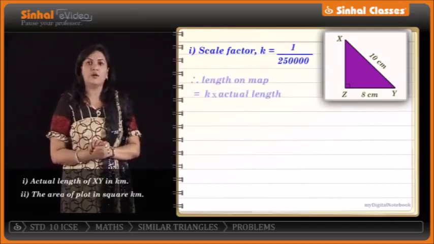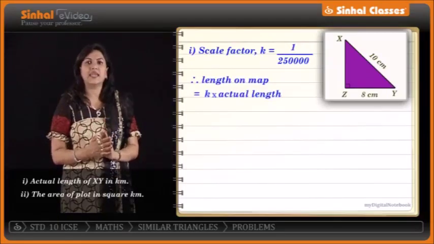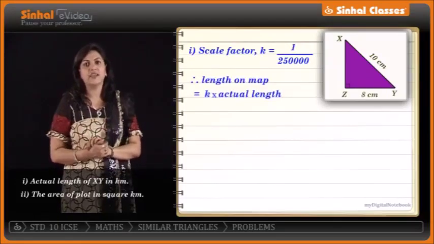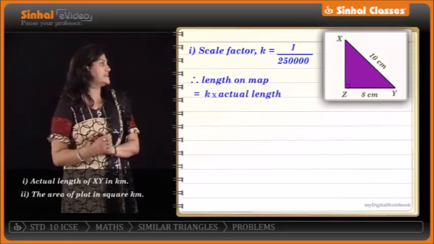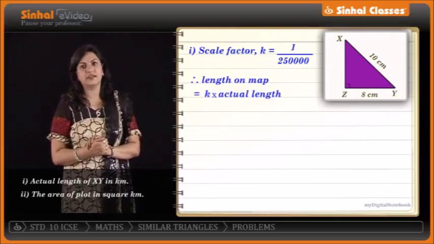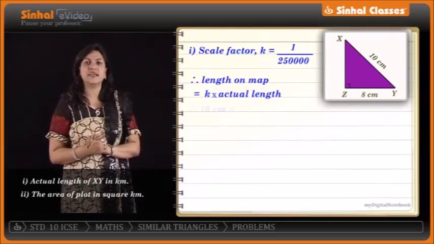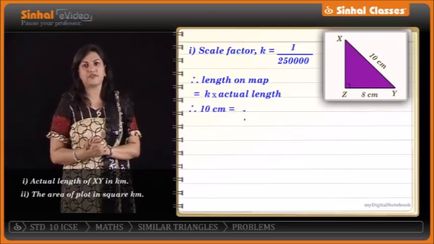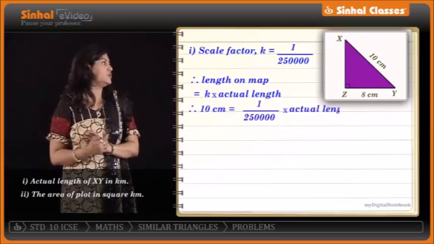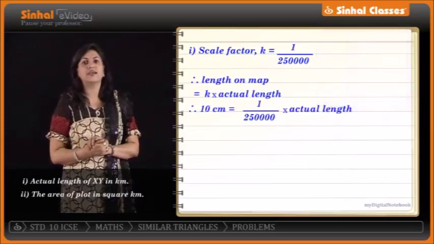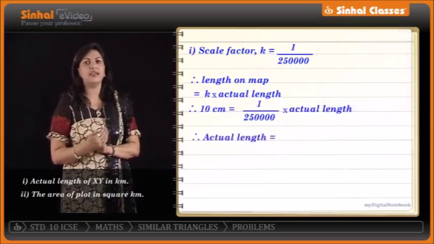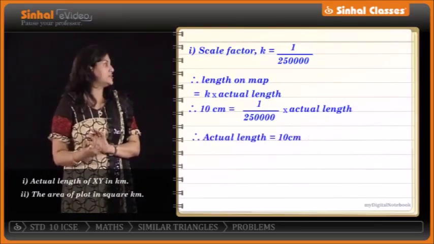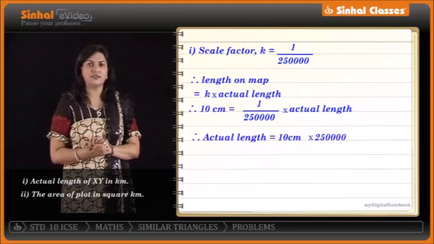Now the length on the map will be K times the actual length. Now the length on the map is given as 10 cm. So we have 10 cm is equal to 1 upon 2,50,000 into its actual length. So actual length will be 10 cm into 2,50,000.